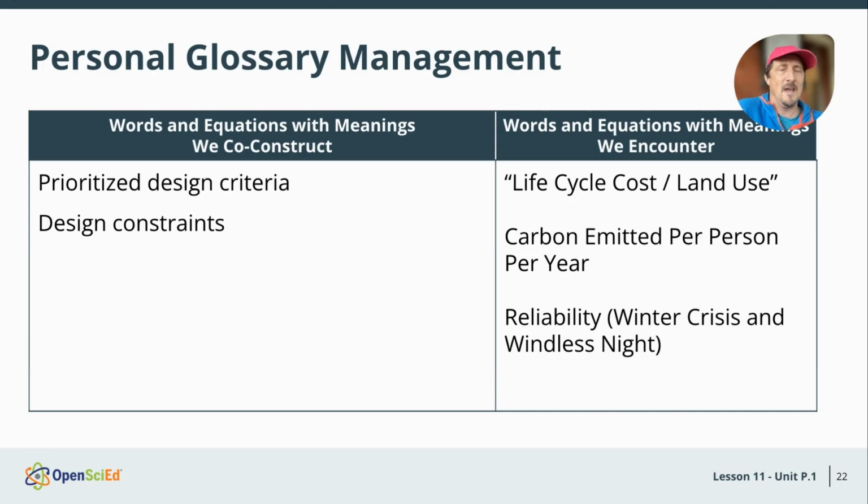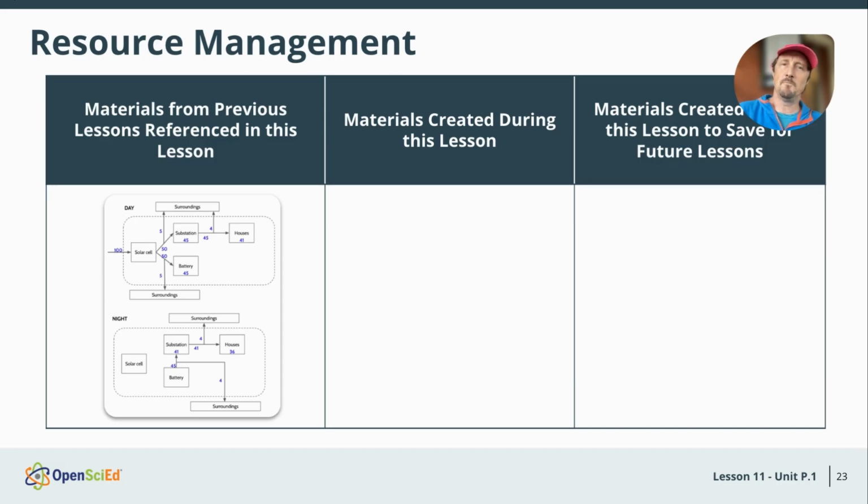And while we have defined reliability previously together, putting a number to it in the way that we do here is new. I always ask students to make an energy transfer model as a part of their project and their presentation. The example I'm showing here of battery storage from lesson 9 tends to be a useful example, but students are free to use whatever example is relevant to their solution.